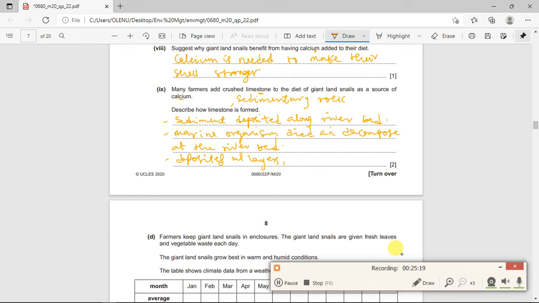As a result, pressure will build up, and the pressure will now cause cementation and compaction over a long time for limestone to form. This is it.